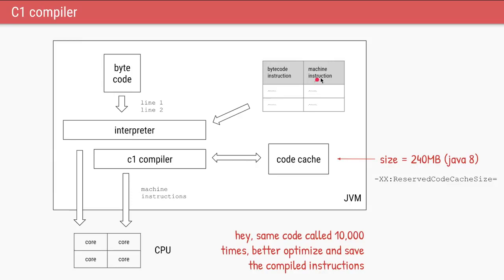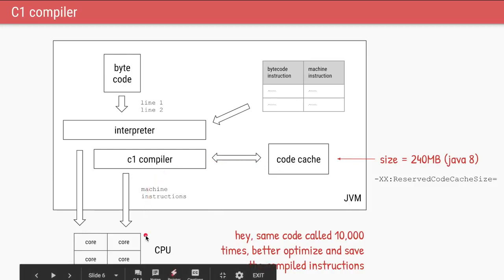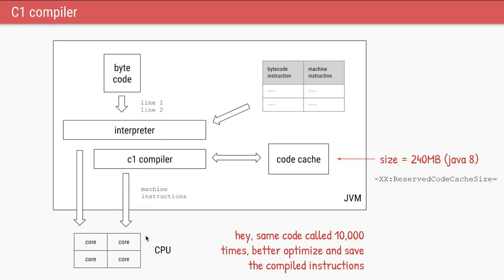It will compile it, optimize it, and save that compiled machine instruction into this area of the JVM called the code cache. So the next time this method is called, instead of the interpreter doing the conversion, we will pick up the compiled, optimized code from the code cache and give those machine instructions to the CPU to run. So now that part of your code has become faster.